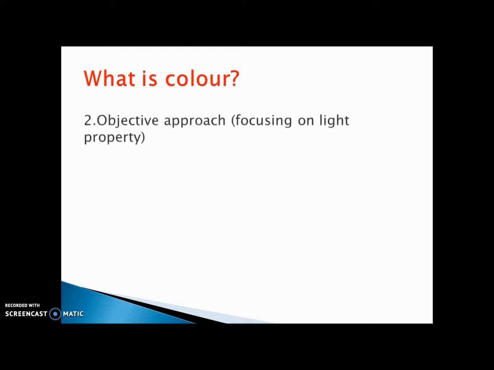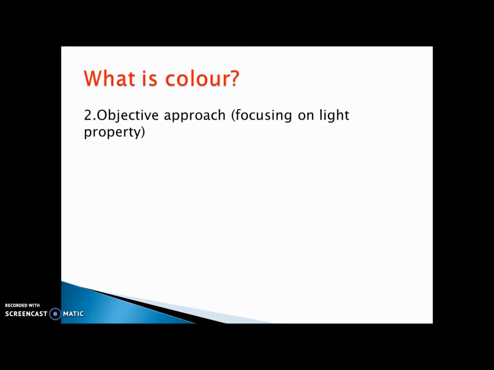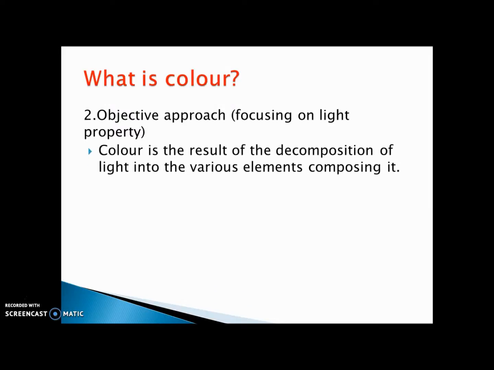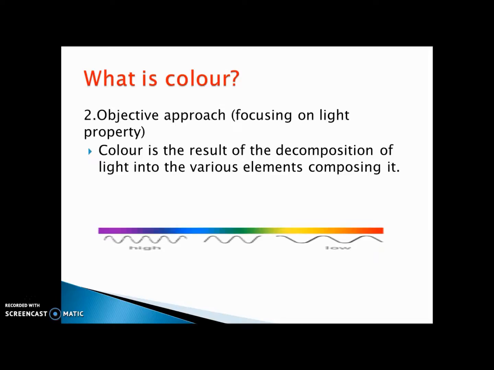The second approach is an approach that focuses on light property. This is called the objective approach. Here, color is defined as a result of the decomposition of the light into the various elements composing it. We have the diagram showing the different frequencies, both the high and the low frequencies.